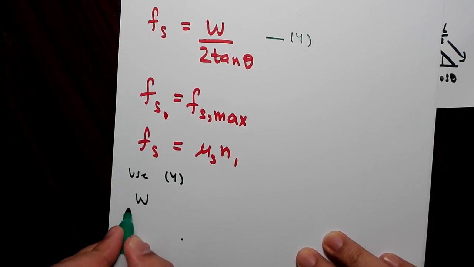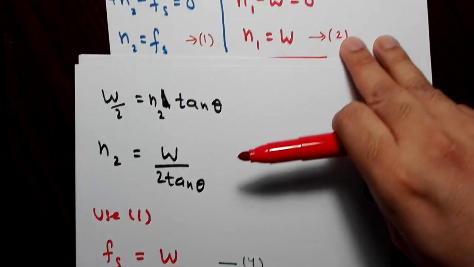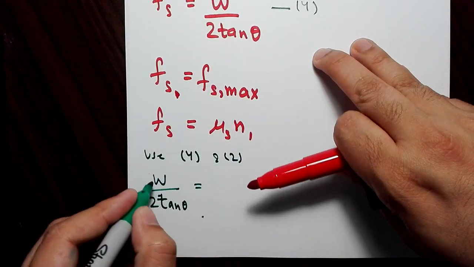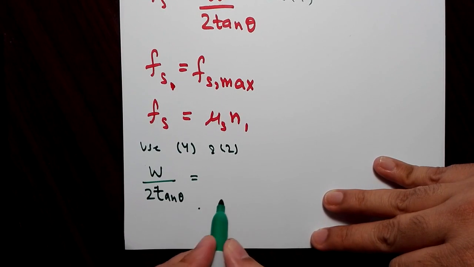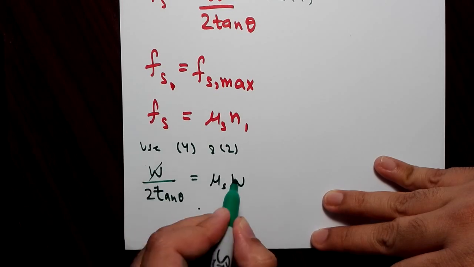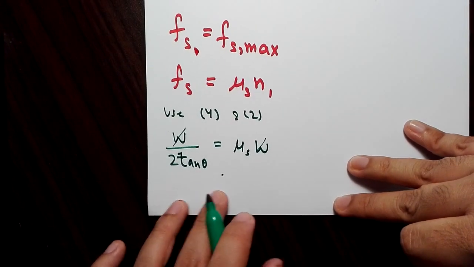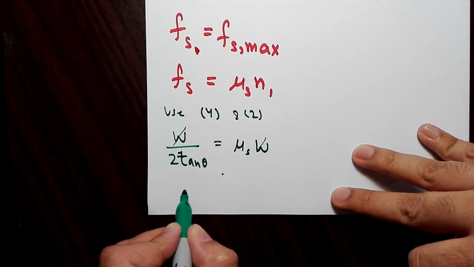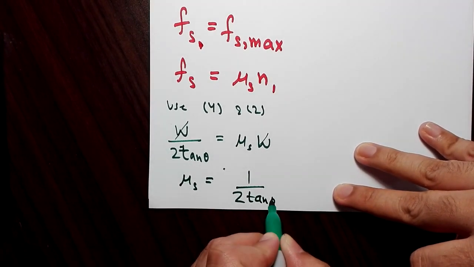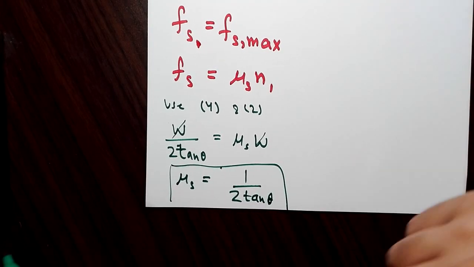Fs is equal to W over 2 tangent theta, and we'll also use 2, where the normal force is equal to W. So W over 2 tangent theta is equal to mu s times W. The weight of the ladder cancels out, and you get mu s is equal to 1 over 2 tangent theta. That's your answer for the static frictional coefficient.